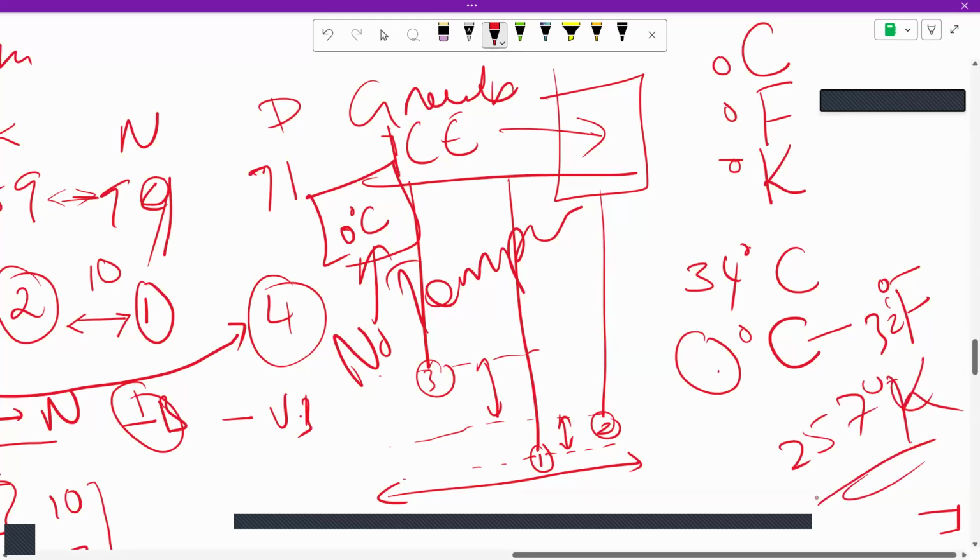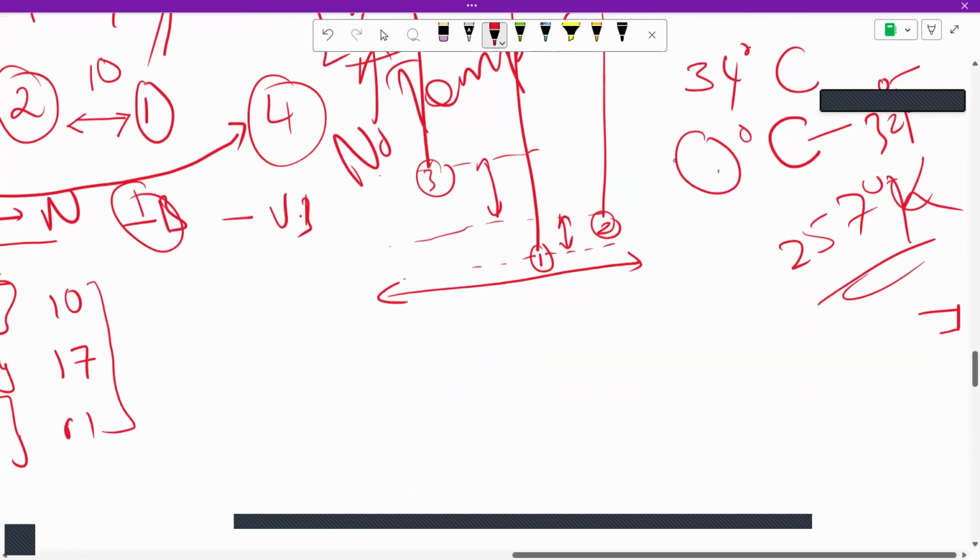So it has no true zero. Zero here in the Celsius we have, but it has no true zero. So that kind of data is called interval data.